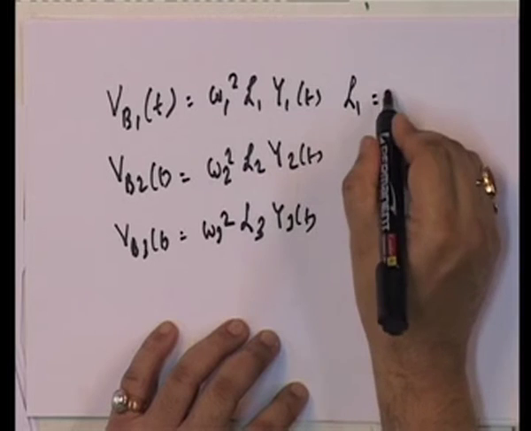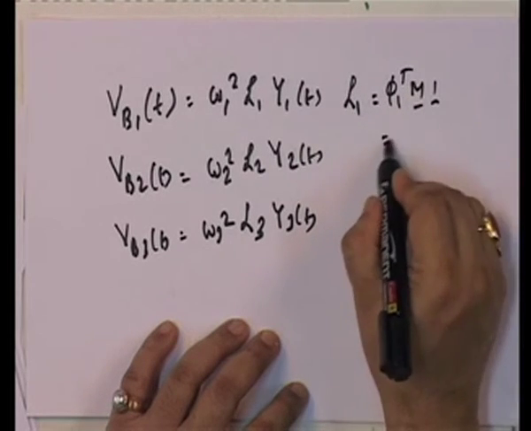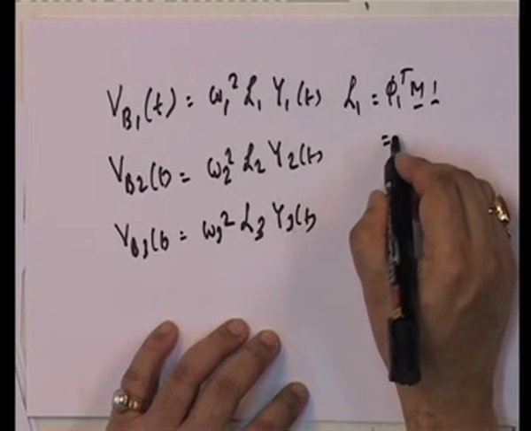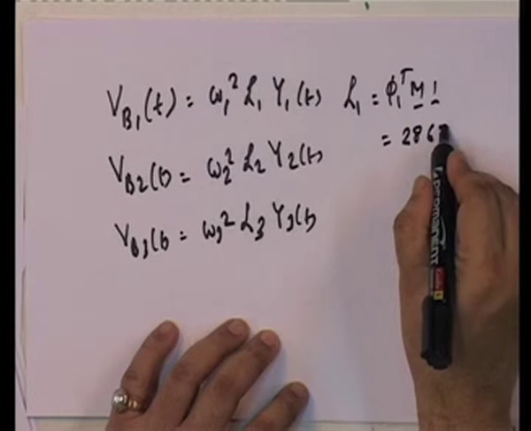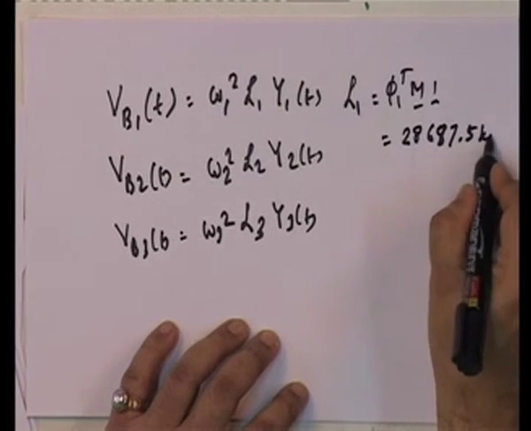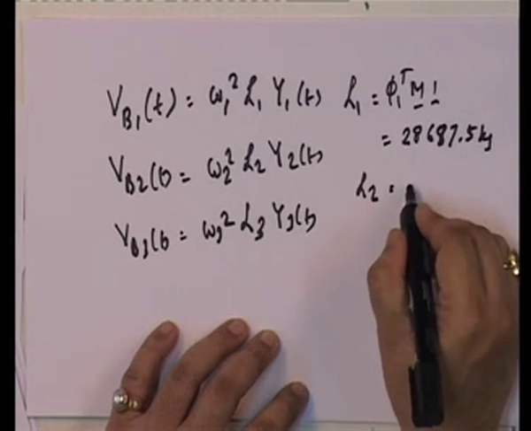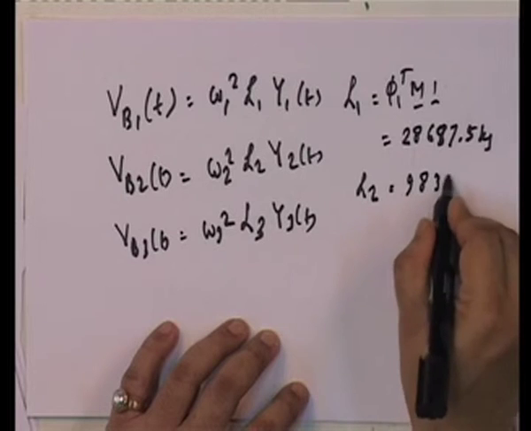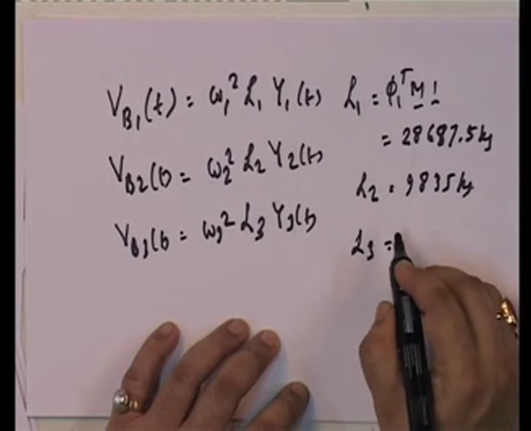Now, L 1 is phi 1 transpose m into 1, and doing that we see that this is equal to 28,687.5 kgs. L 2 is equal to 9835 kgs. L 3 is equal to 6762 kgs.